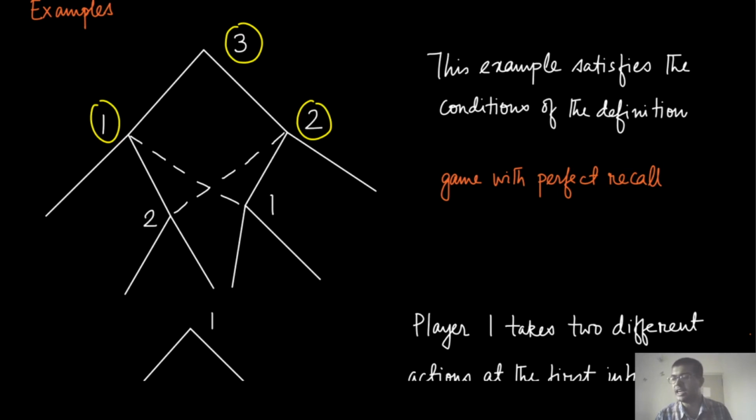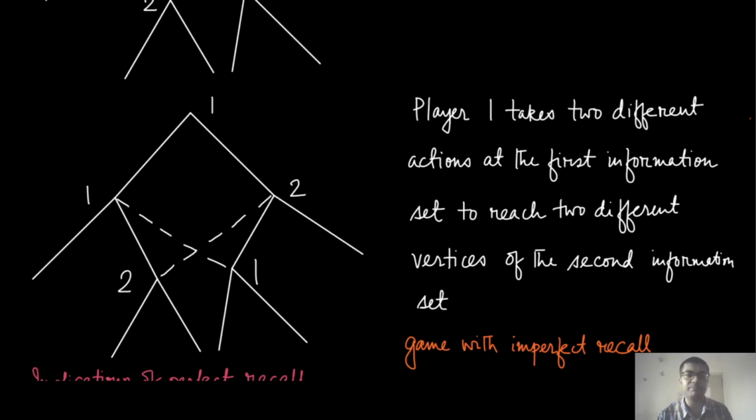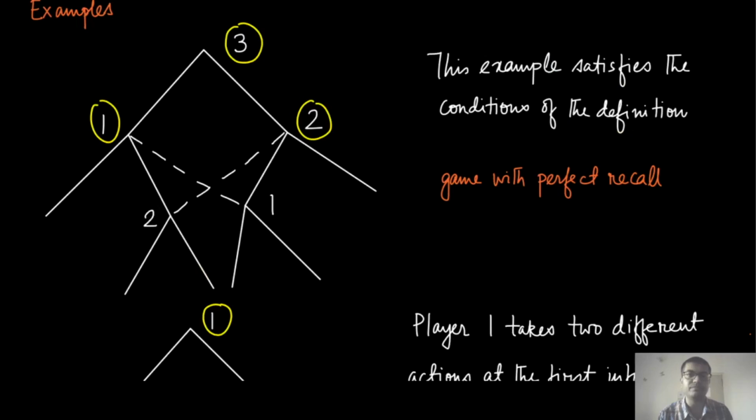These players can play in 2 different nodes, but both nodes are in the same information set for players 1 and 2. The other example is very similar, but there is no player 3. Instead, player 1 moves in the first round.